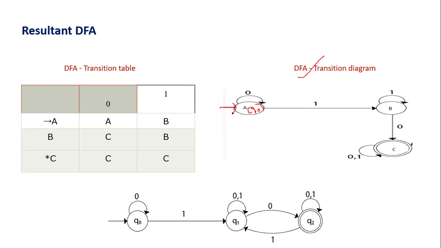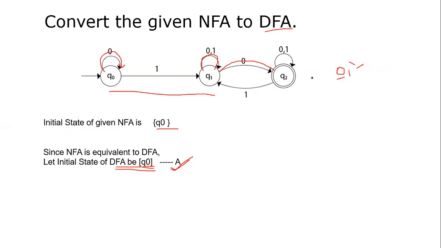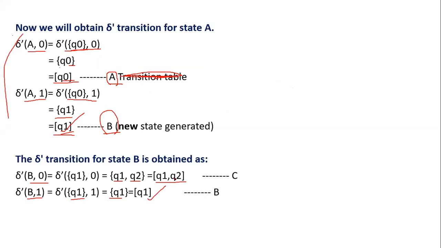How can you find the final state? For that we have one procedure: Q2 in this NFA is the final state, right? Wherever we find a Q2, I can say that is a final state. For example, in state C we have Q2, so this is the final state.